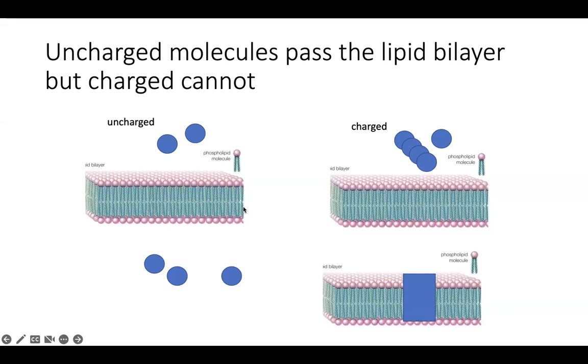But what happens if there's a channel? Inside the channel, you still have water. Therefore, it can directly go, or maybe it doesn't have water, but it has charged amino acids, so that the water molecules covering your molecule just stick to these charged particles. So your charged particle is free to go because it's not captured by water anymore. So it can just go.